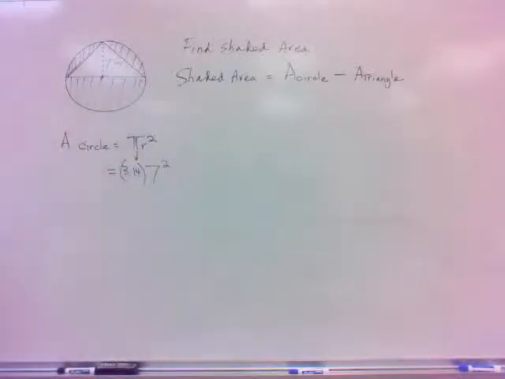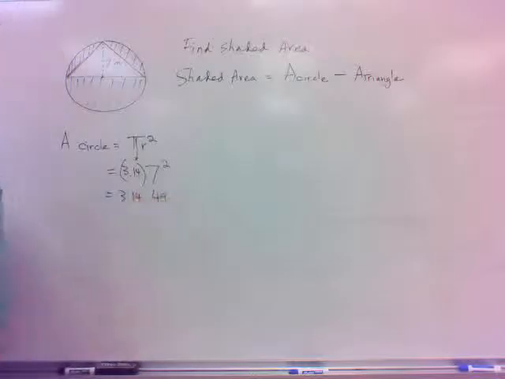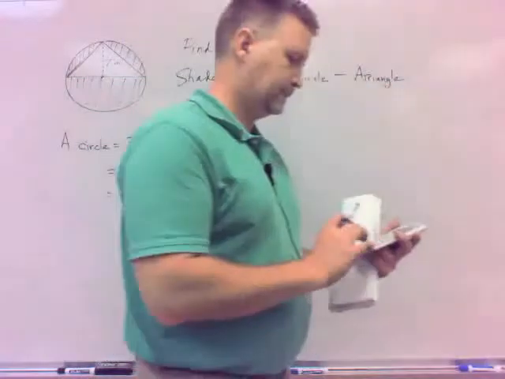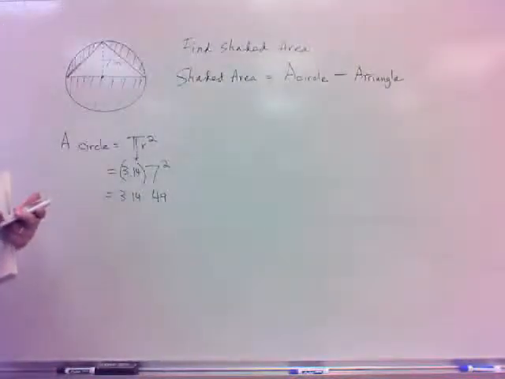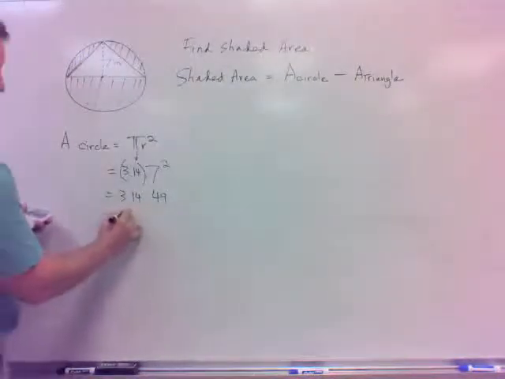So let's take 3.14 times 49. That'll give me my area, 7 squared is 49. 3.14 times 49 is 153.86. That's the area of the circle.